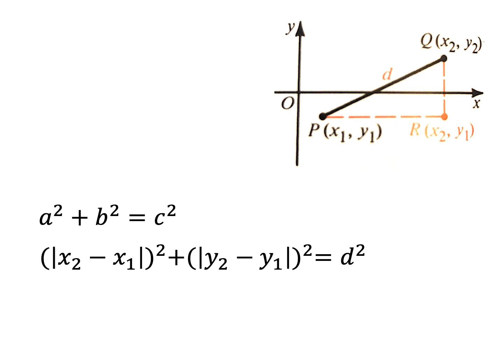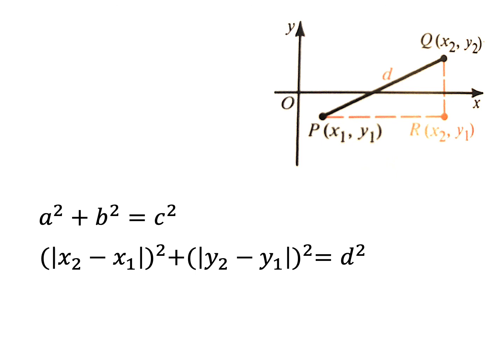Okay, we can do one extra thing here before we start doing the math. Think about this. Let's say that the answer to x2 minus x1 was -3. Notice the very next step I would do to that would be to square it, so I would get a positive value. So that absolute value symbol does not really play a role here because I'm going to square the difference. I'll say this again.